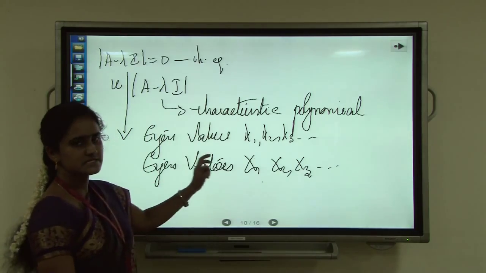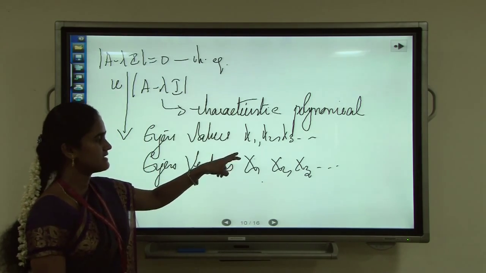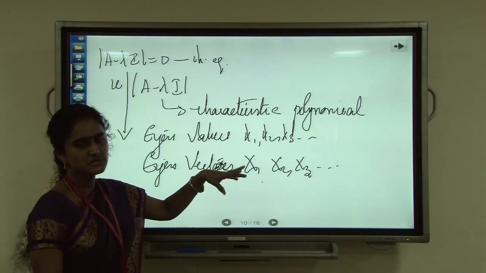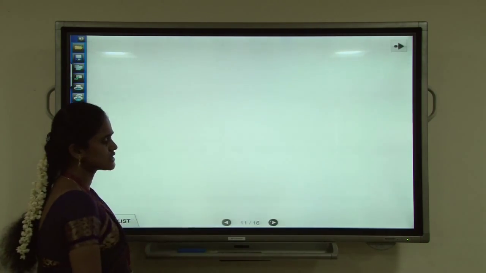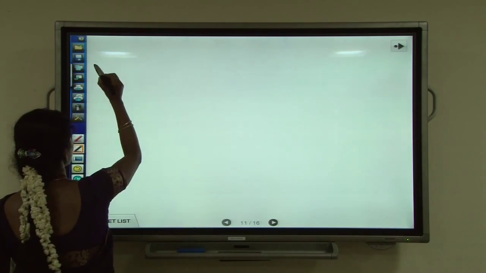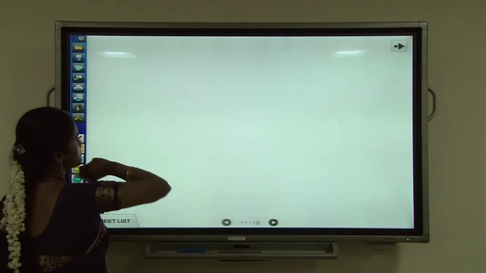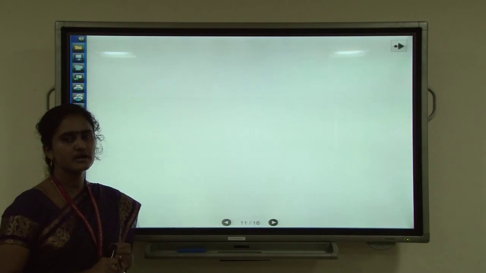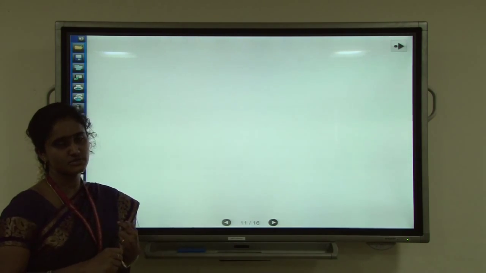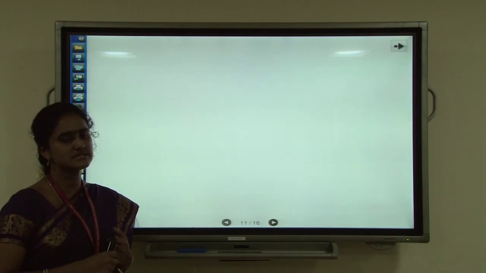If it is a 2 cross 2 matrix, you will end up with a quadratic equation. If it is a 3 cross 3 matrix, you will end up with a cubic equation. We should know how to solve the quadratic and cubic equations. A quadratic equation you can solve by factorizing or by the quadratic formula, minus b plus or minus root of b square minus 4ac by 2a.